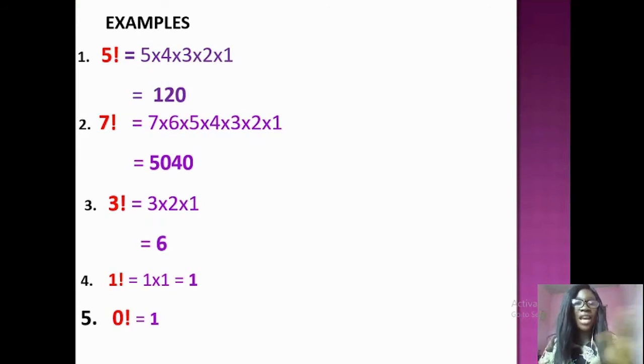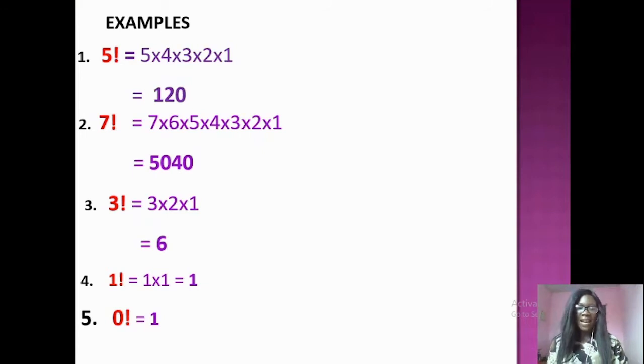So anywhere you go, if they say 10 to the power of 0 or any number to the power of 0, you don't have to stress yourself. Most of you were writing 0 in my assignment. That's not correct. Any number to the power of 0 is 1. And now I am telling you that 0 factorial is 1, because there is nothing there. 0 factorial is 1. 1 factorial is 1.